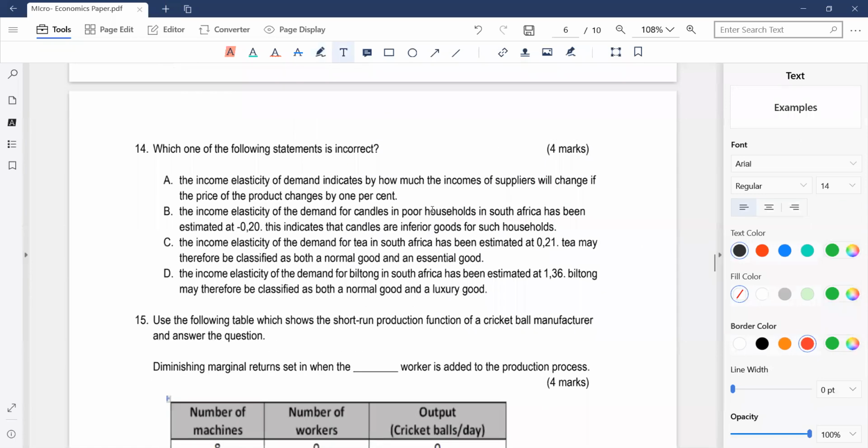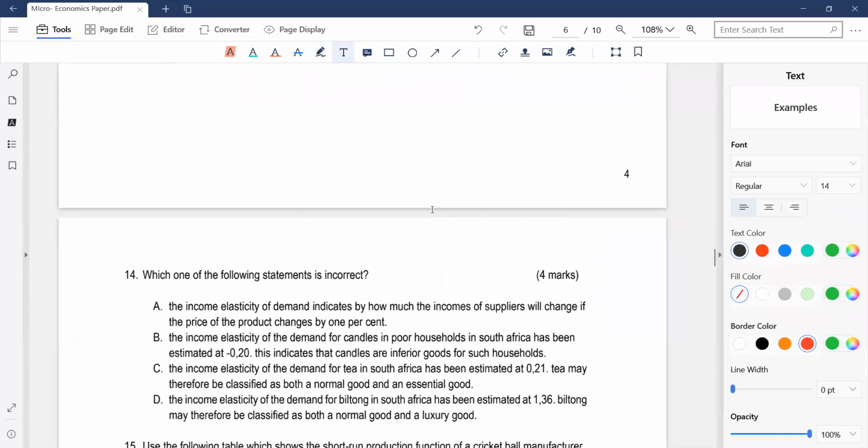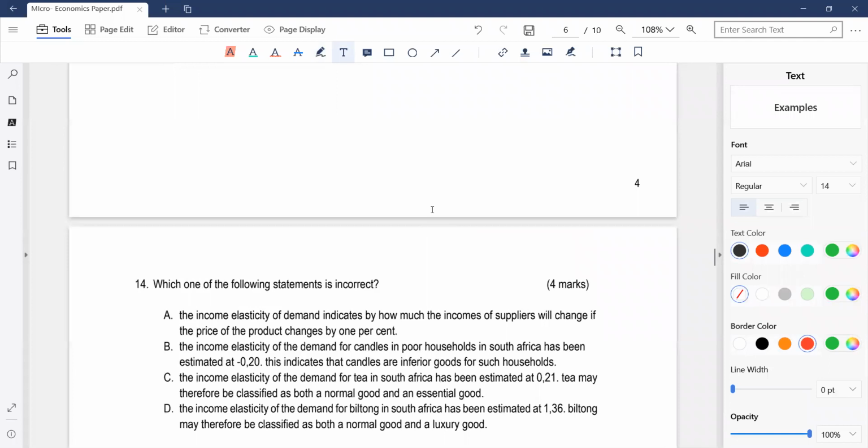That was number 13. Number 14. Which of the following statements is incorrect? The income elasticity of demand indicates how much the income of suppliers will change if the price of the product changes.